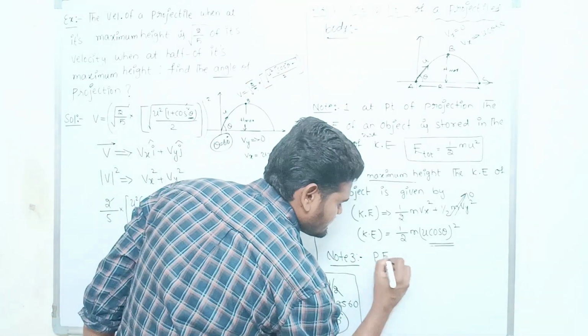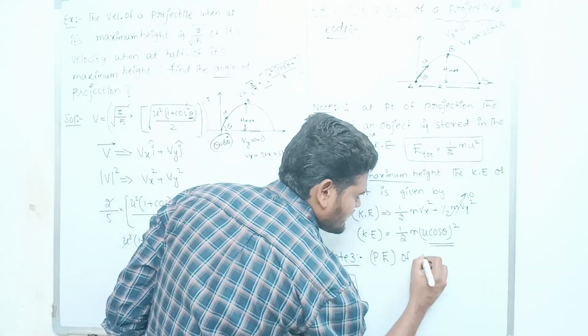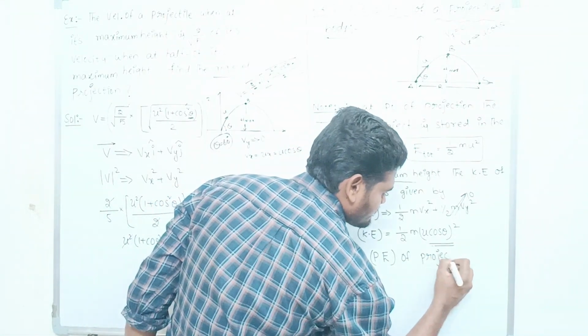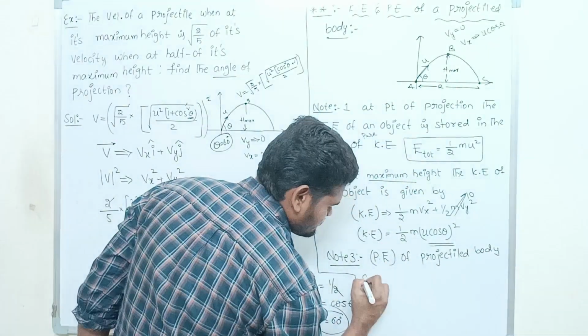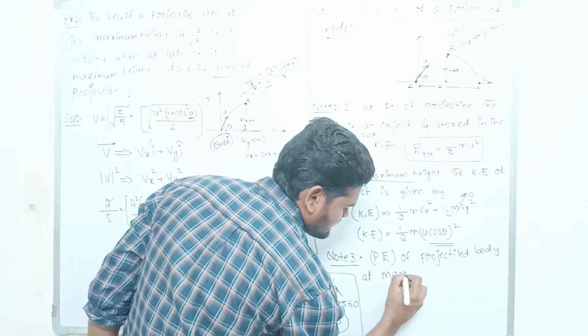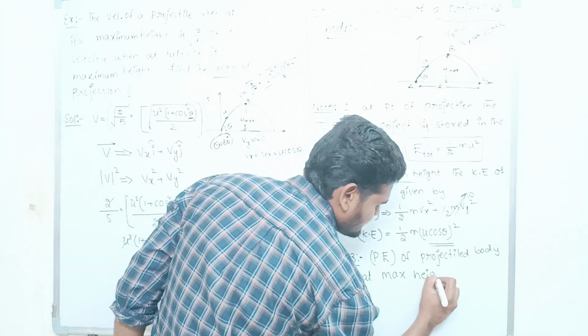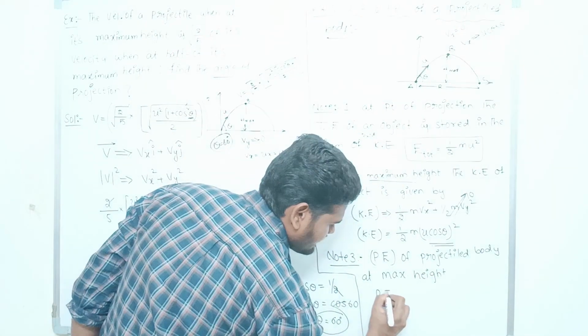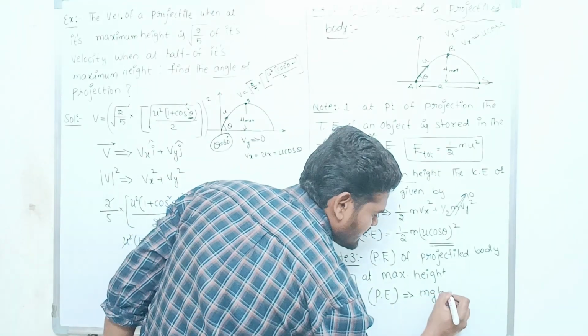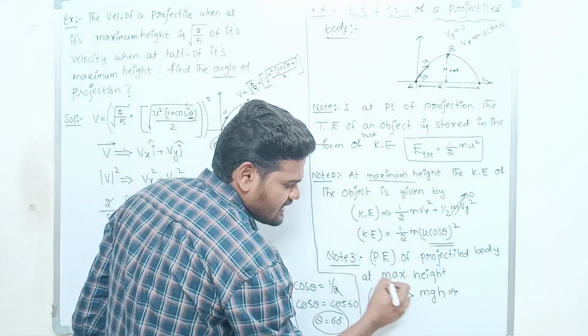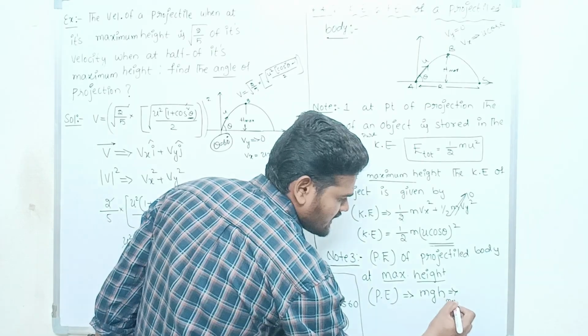the potential energy of a projectile body at a maximum height. So potential energy at a maximum height is given by, in general, the potential energy formula is mgh, where h is the maximum height.